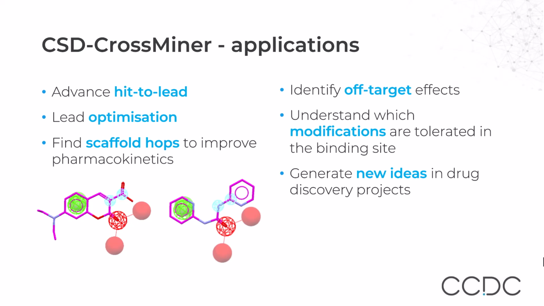It also can help in lead optimization, providing an understanding of which modifications can be tolerated in the binding site. It is also the ideal tool for scaffold hopping that can help with resolving IP problems and lead to increased bioactivity and better pharmacokinetics. Overall, and more generally, Crossminer provides you with a great way to create new ideas in drug discovery projects.